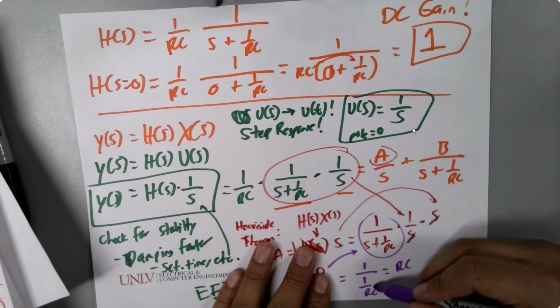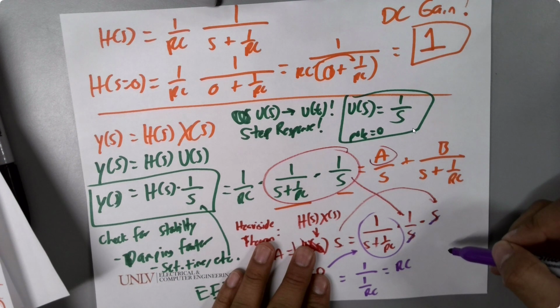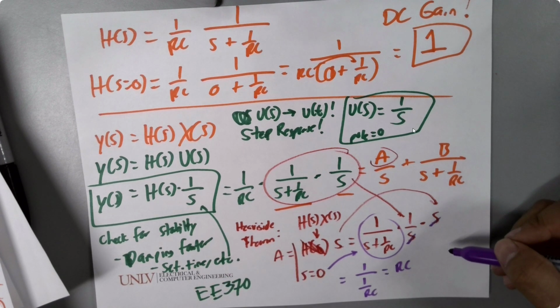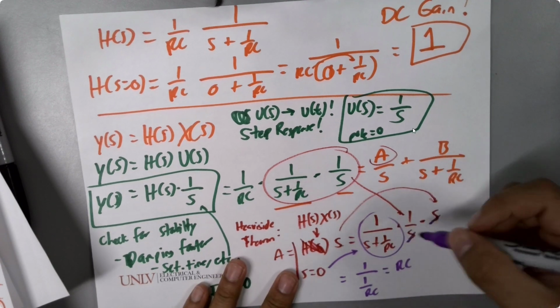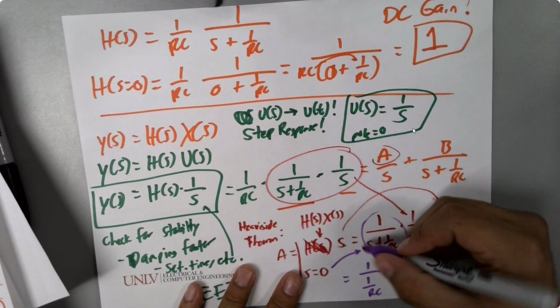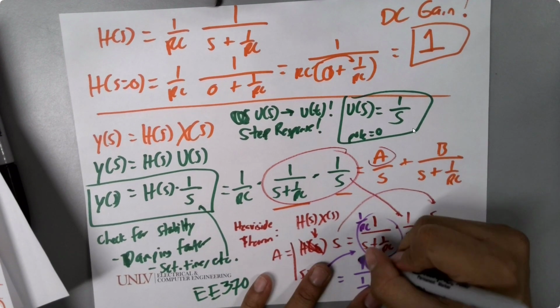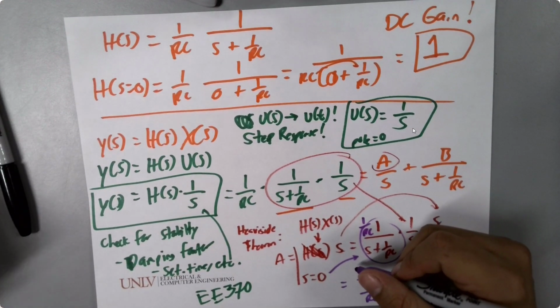there we go. I think so. Yes. I think so. No, wait, no. Is that right? No. I forgot this. 1 over RC. There you go. And then it becomes this.